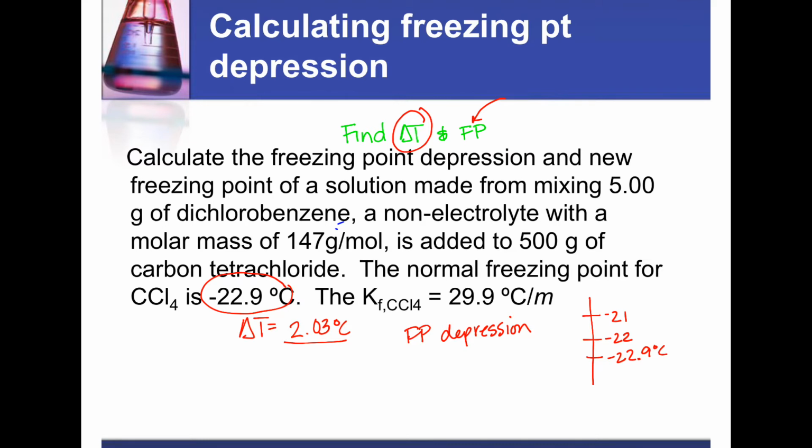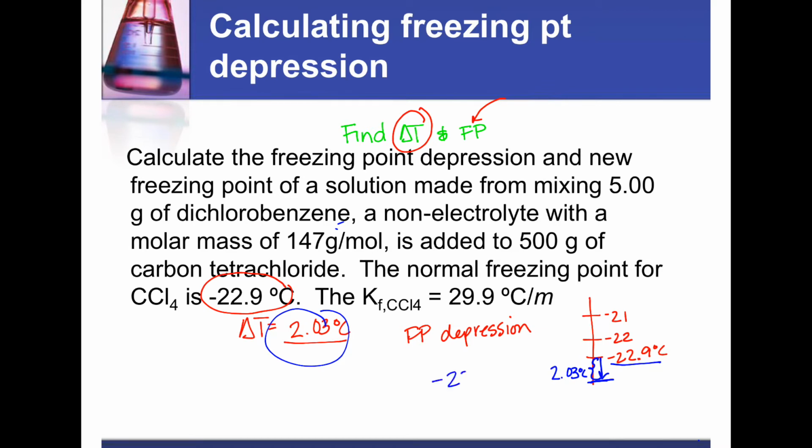What this calculation is telling us is that the freezing point has gone down another 2.03 degrees Celsius. So what we're trying to do is find that new freezing point. So we should take the freezing point and subtract another 2.03.